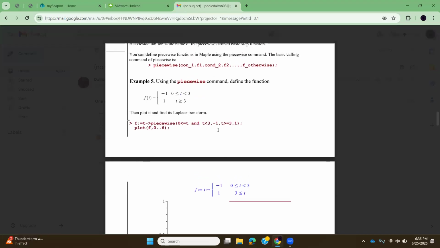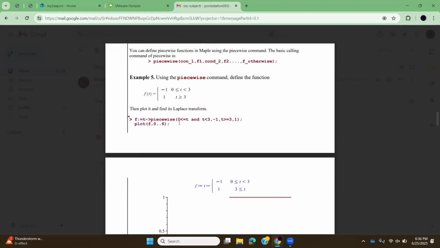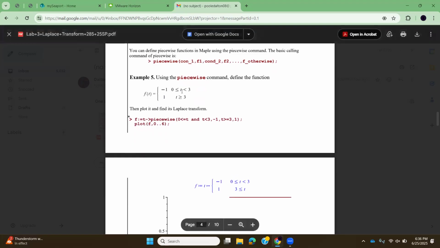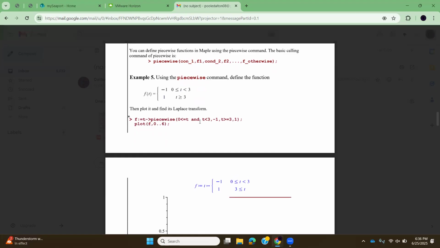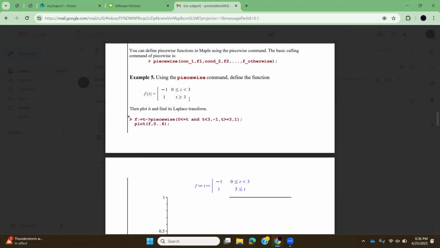So for here, it's saying the condition one is if 0 is less than or equal to t, or t is less than 3, then it's -1, comma, second condition, t is greater than or equal to 3, it's 1.